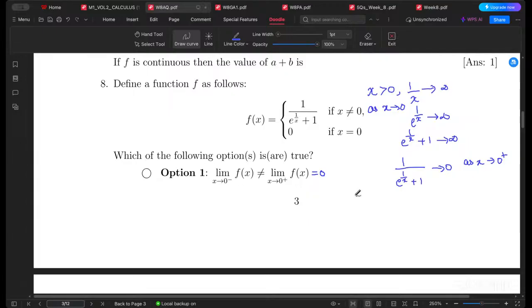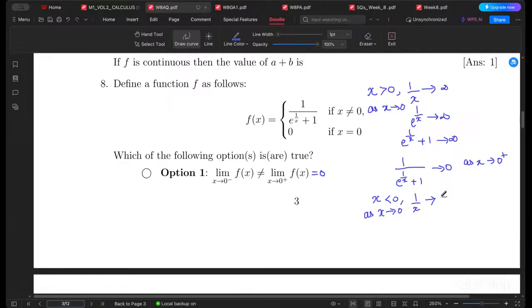Similarly, we can do the left hand limit. So for the left hand limit, when x is less than 0, what happens to 1 by x as x goes to 0? Infinity.